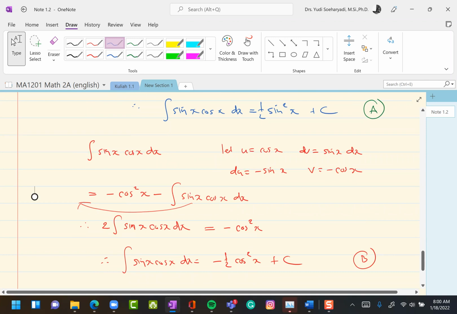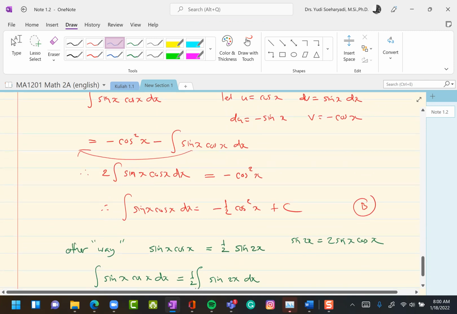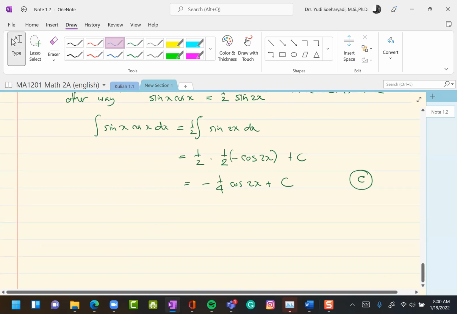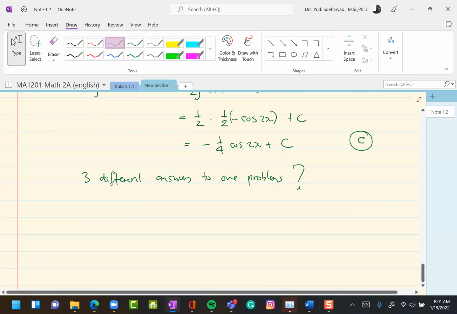All right. Recall how sine square and cosine square are related.